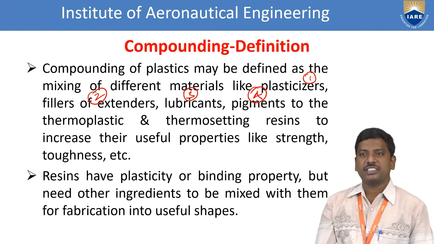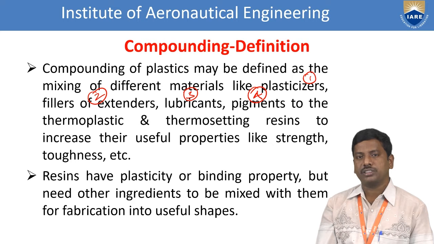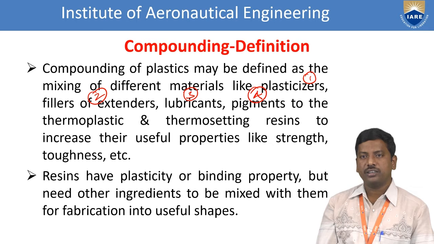Resins have plasticity or binding property but need other ingredients to be mixed with them for the fabrication into useful shapes. That means in order to improve the fabrication of plastics into desired shapes, we need to apply compounding, involving plasticizers, fillers, lubricants, and pigments.